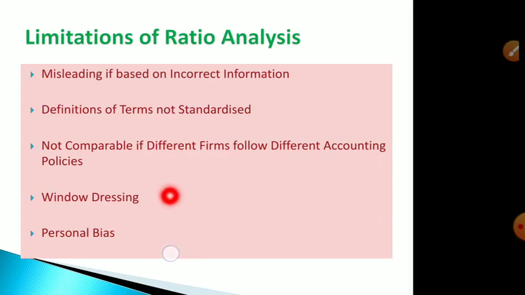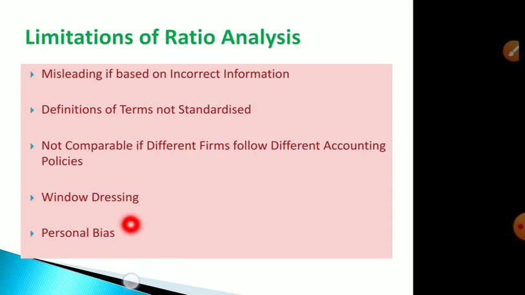Next comes window dressing. As we are all familiar with the term window dressing, it means manipulation of accounts so that they can conceal the vital facts and present the financial statement better than what they actually are. In such situations, the particular ratio may not be a definite indicator of good or bad management.